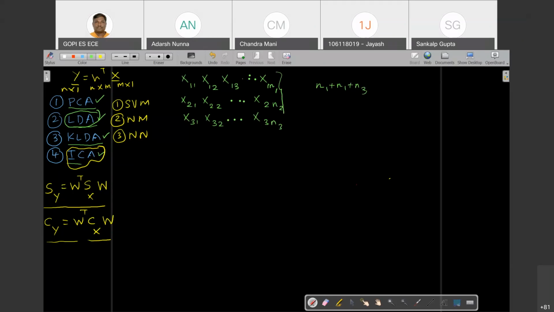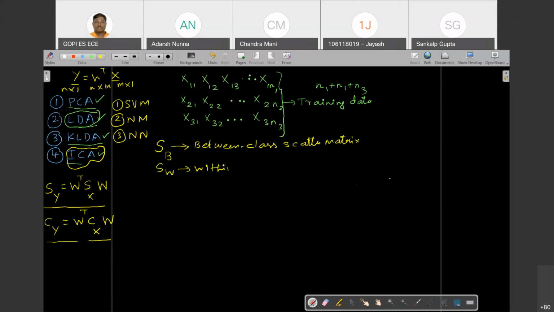This is the training data given to you. Now what we do is, instead of computing one scatter matrix as we did in PCA, here we have two scatter matrices. One is SB, which is called the between class scatter matrix, and then we have the within class scatter matrix.